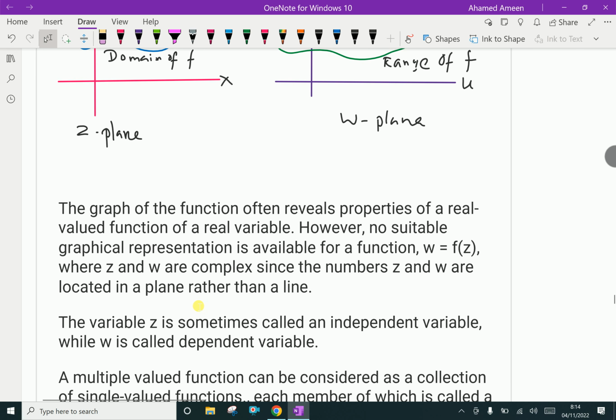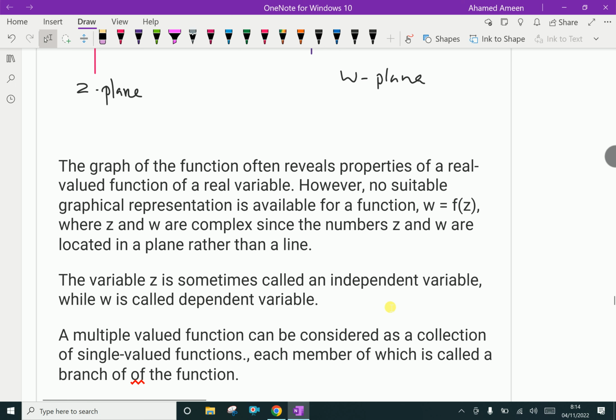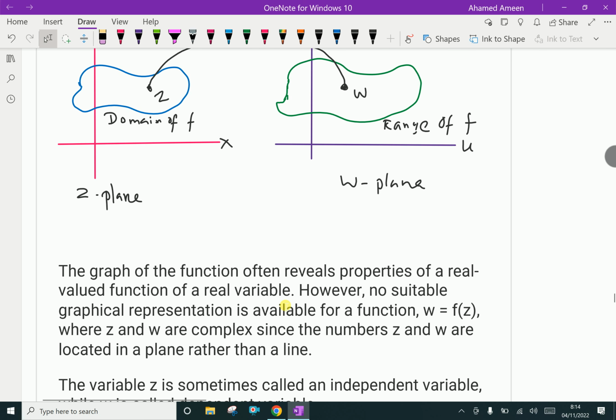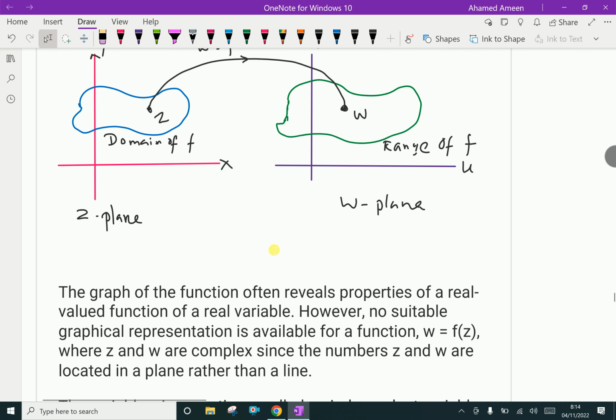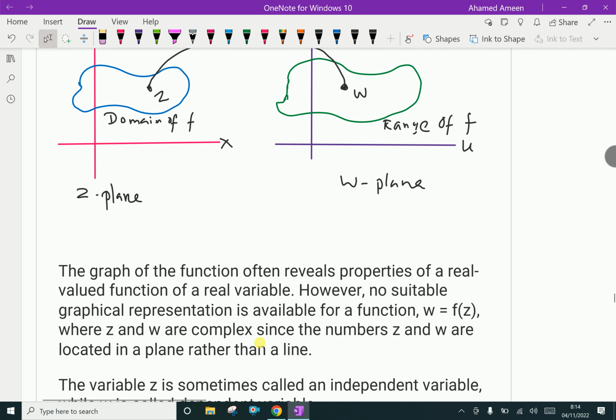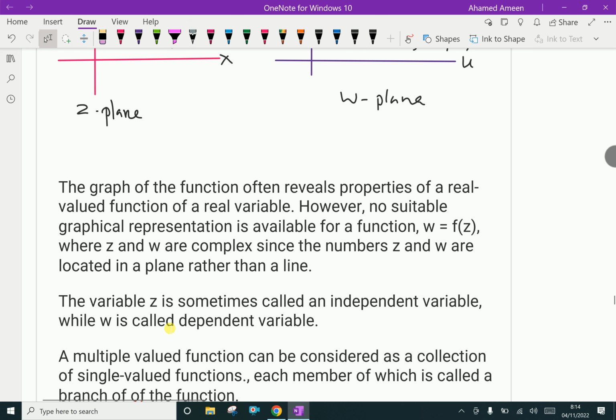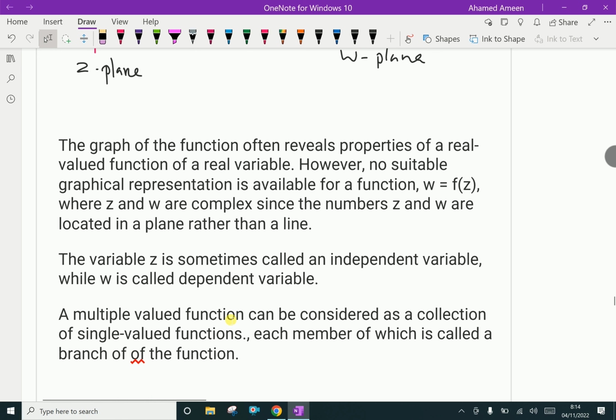The variable z is called the independent variable, while w is called the dependent variable, that means it depends on z.